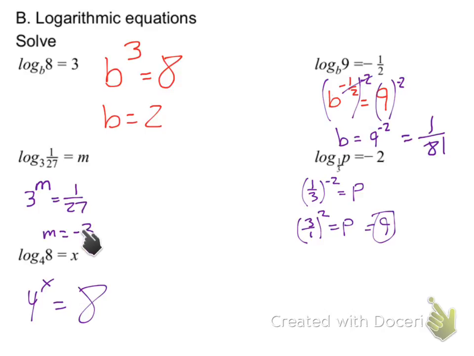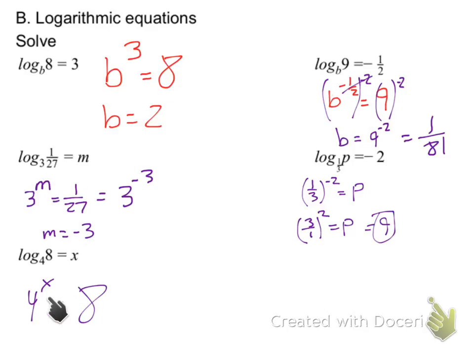I didn't write it down, but we kind of thought it through. 3 to what power is 27? It's 3. And then we said, hey, it had to be on the bottom, so therefore it's negative. Could I have also written this as 3 to the negative 3 power, which is 1 over 27? Yeah. And therefore, if our bases are the same, what does that mean about our exponents? So m is equal to negative 3.